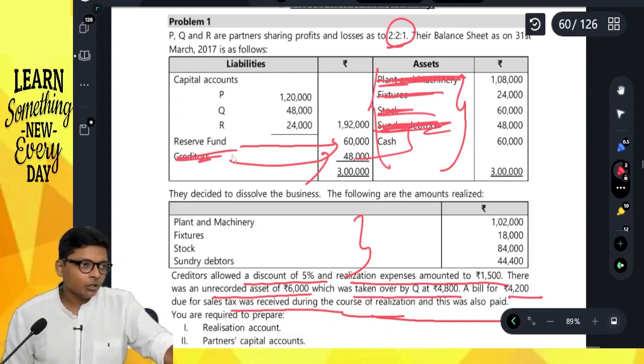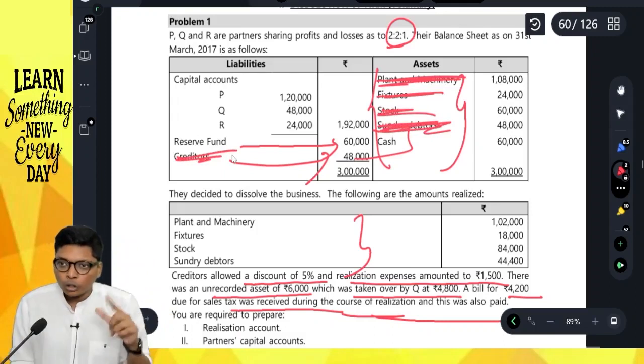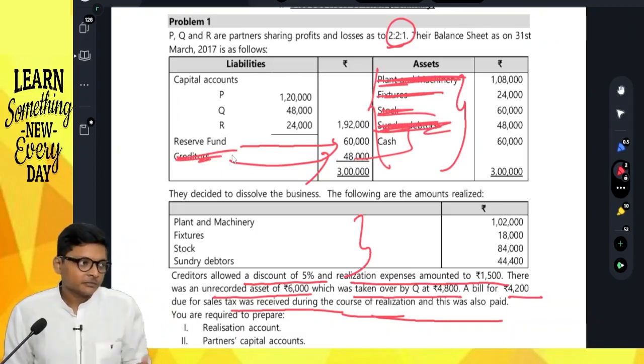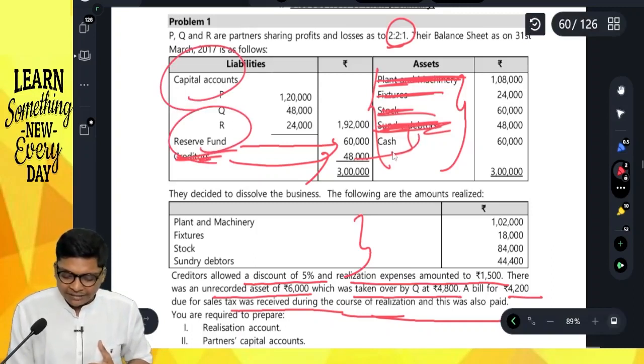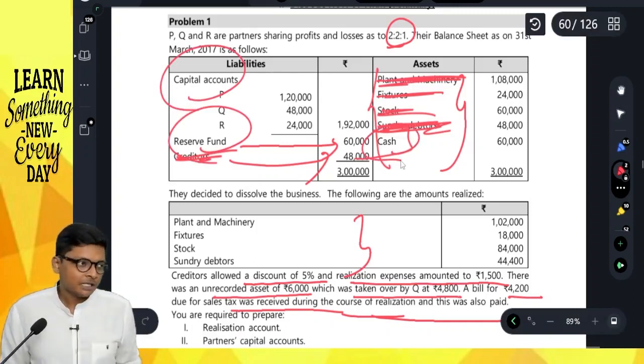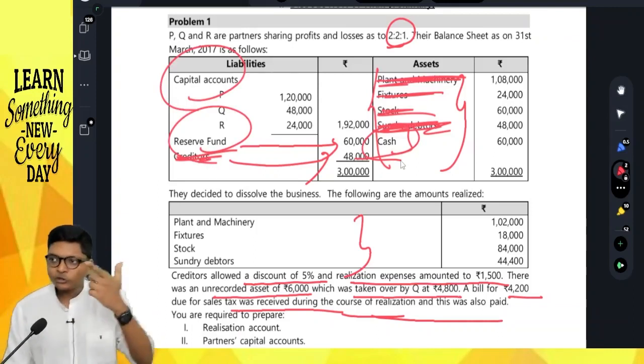Creditors also became 0. 3 more things are yet to do. Those who transferred opening balance, okay. But those who didn't transfer opening balance, capital account, reserve fund, cash, are not 0. I should make this also 0. So this also should be transferred.